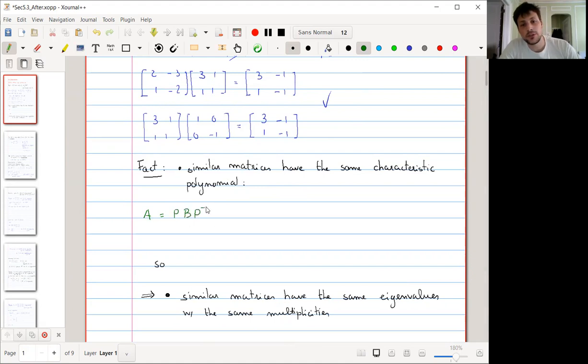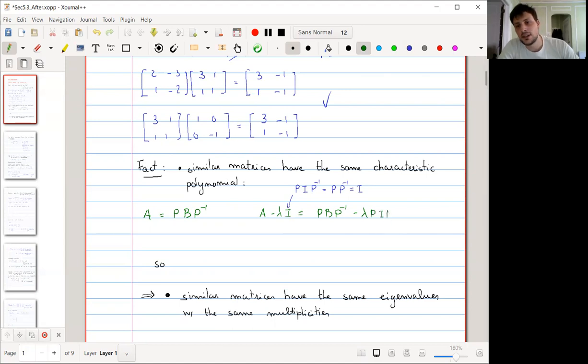If I have two similar matrices, A and B, I can write them like this. So when I look at A minus lambda I, well, A is P B P inverse minus lambda. Here I'll write the identity as P identity P inverse, because P identity P inverse is nothing but P times P inverse, which is equal to the identity. So I can substitute this in for the identity.